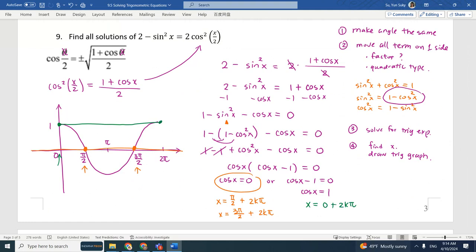And can you see the other solution, 2 pi, is also included here, because when you let k equal 1, you get 2 pi. So you don't have to put 2 pi plus 2k pi. It's included here. Or you can just put 2k pi. Therefore, we have all the solutions to this trig equation. Any questions? All good?